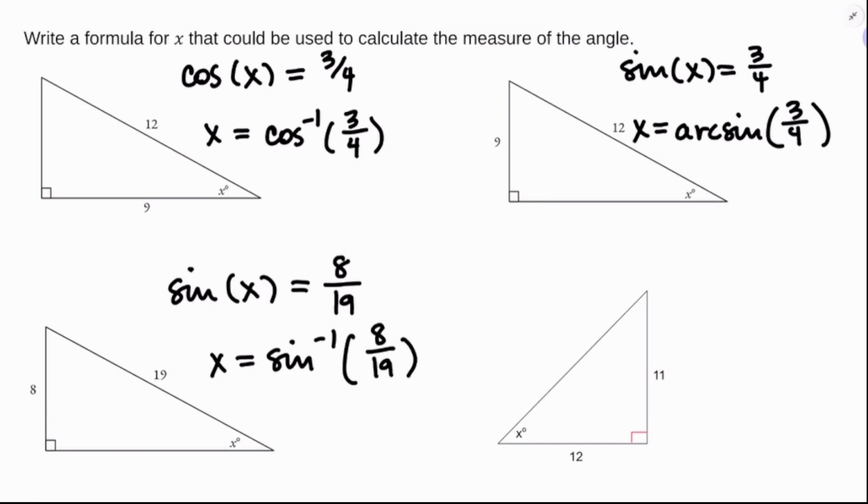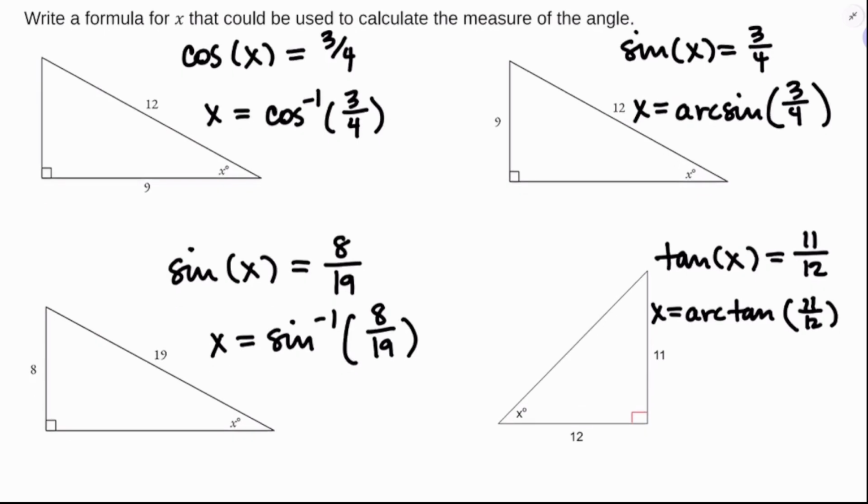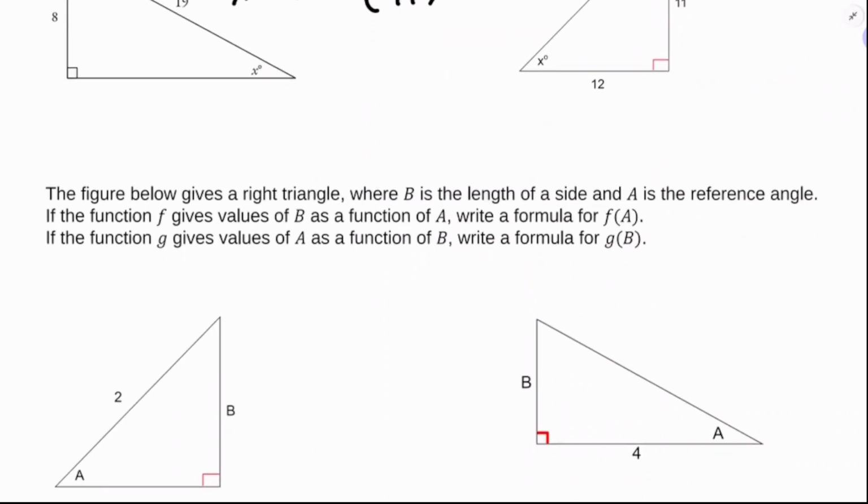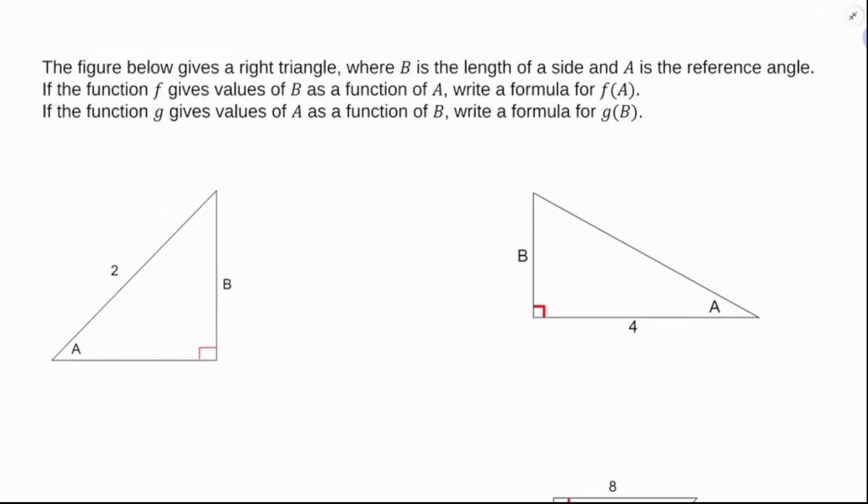And over here, tangent of x equals 11/12, opposite over adjacent. So x will be the arc whose tangent is 11 over 12. Okay, and I think that's going to be good. A formula for x that could be used to calculate the measure of an angle. Yeah, great.